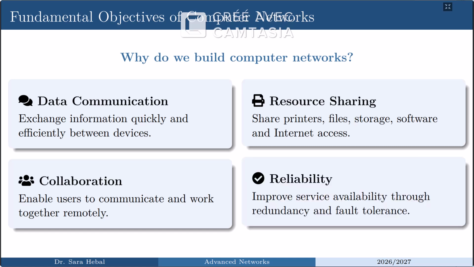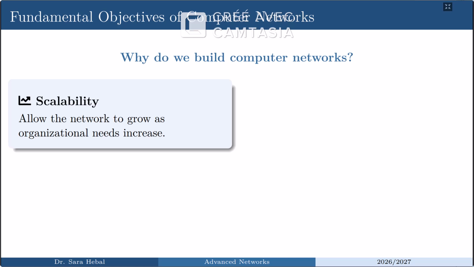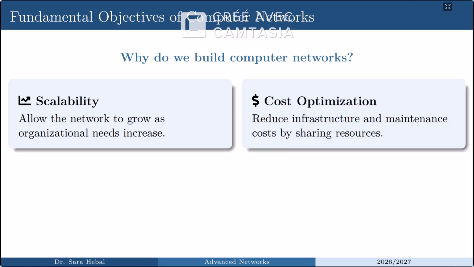Modern networks improve reliability through redundancy and alternative communication paths, which ensure that services remain available even if failures occur in the network. Another important objective is scalability. As organizations grow, their networks must be able to expand without requiring a complete redesign of the whole network.